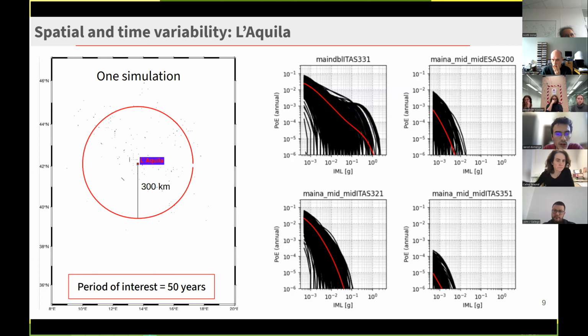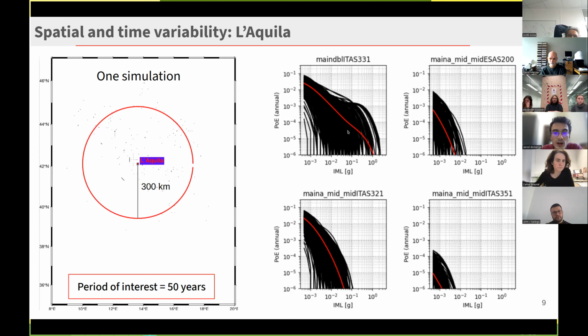So for this region, for one simulation, there is a possibility that I have this other curve, with a very low probability of occurrence and a very low intensity measure level. And you can also have, for another simulation, a probability of occurrence for this region that is very high, and the intensity measure level also very high.